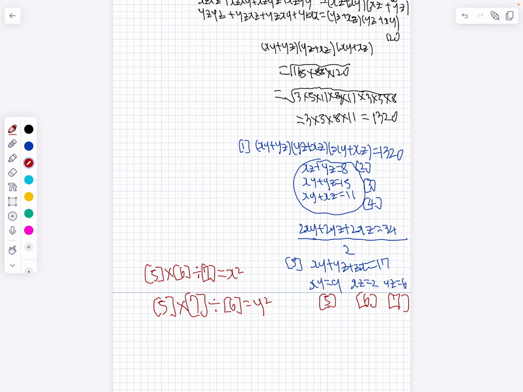And for the last, if we multiply 6 by 7, and then divide by 5, the remaining value will be z squared. If we calculate each one, x squared will be 3, y squared would be 27, and the last one, z squared, is 4 over 3.